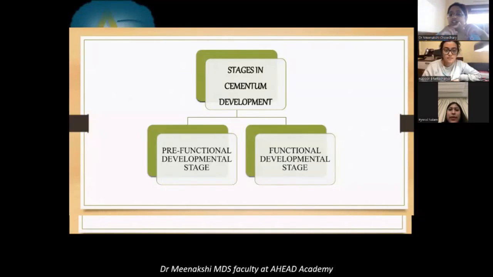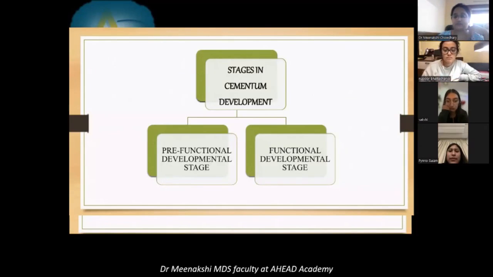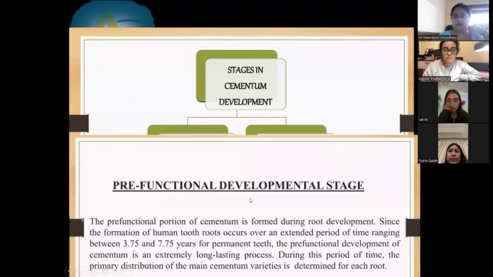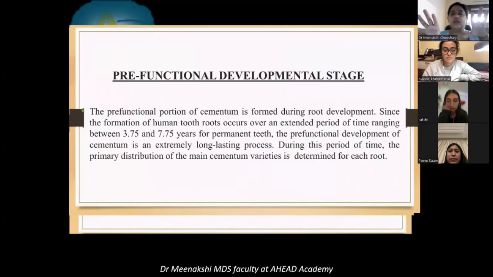Number 2 is the functional developmental stage. In the pre-functional stage, during the tooth bud and root development stages, the tooth is not functional: it has not erupted, and it is not in occlusion.